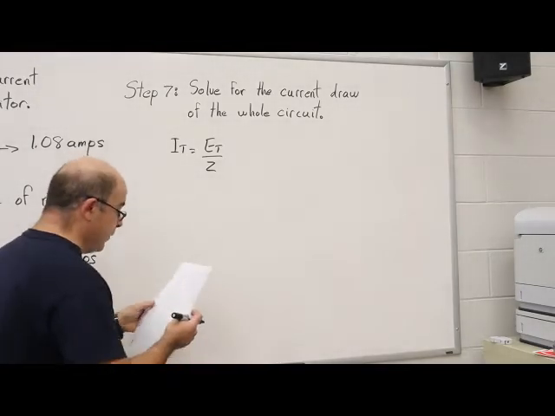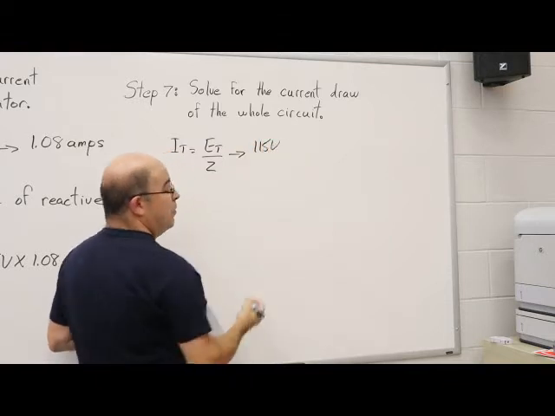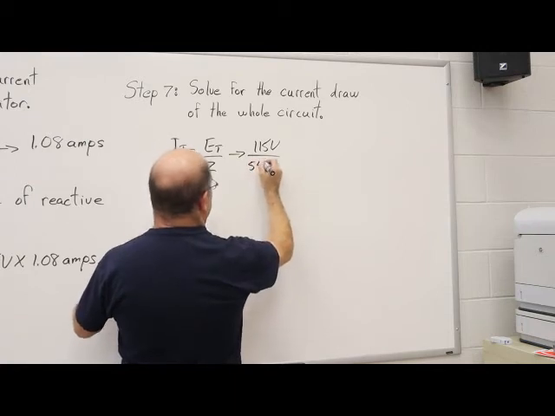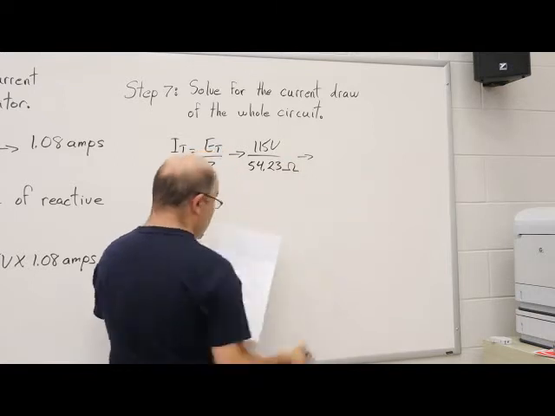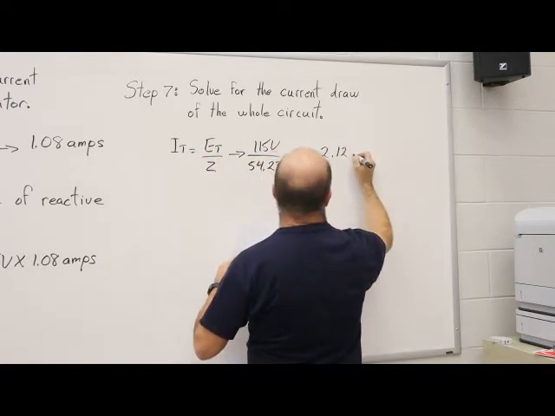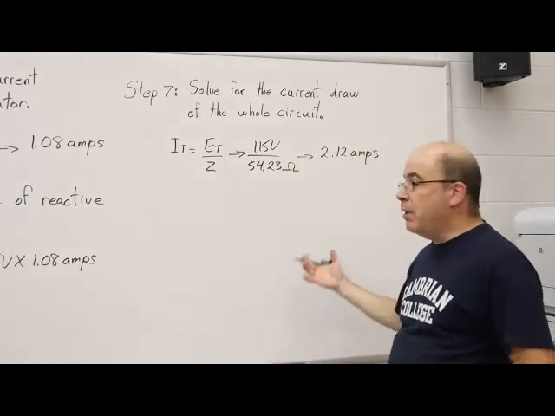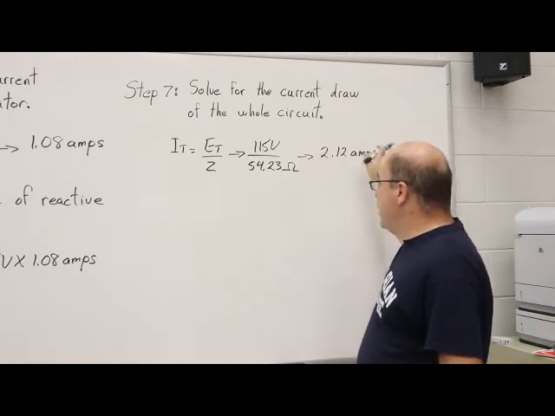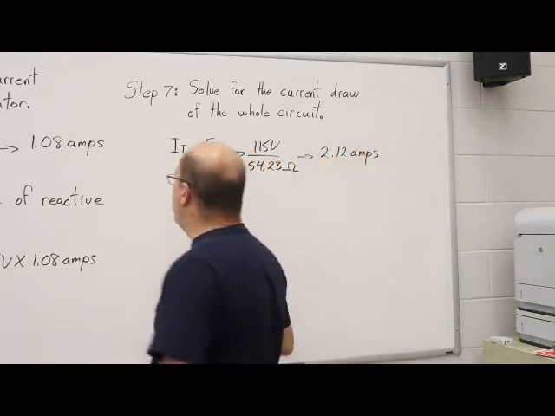So, 115 volts divided by 54.23 ohms is going to give us, as a result, a total of 2.12 amperes rounded to 2 decimal places. Now, while we're at it, this is already in the calculator. Why don't we just jump to step 8?